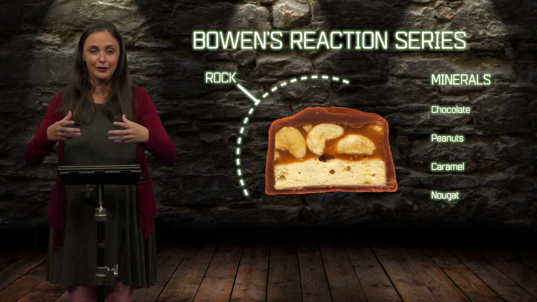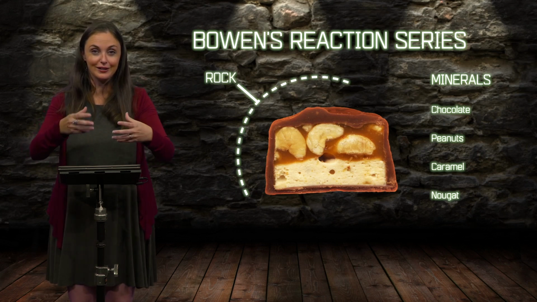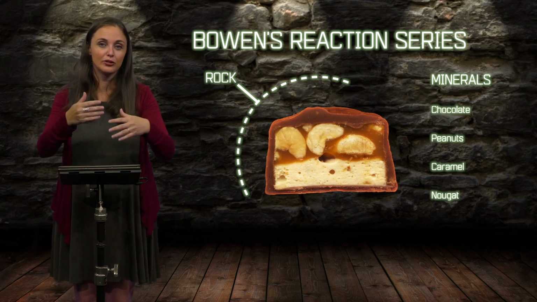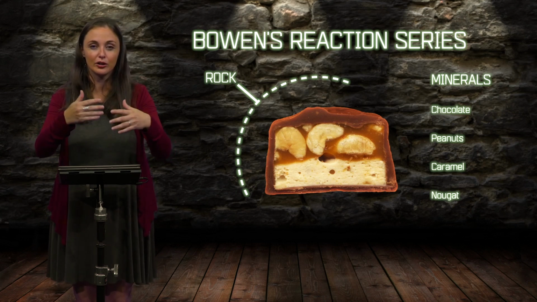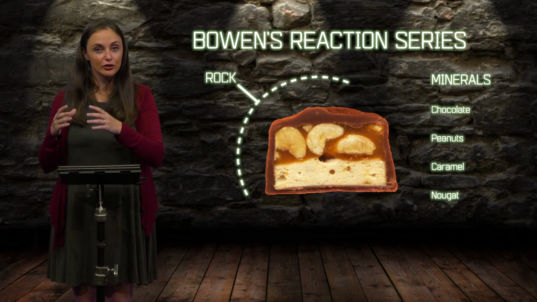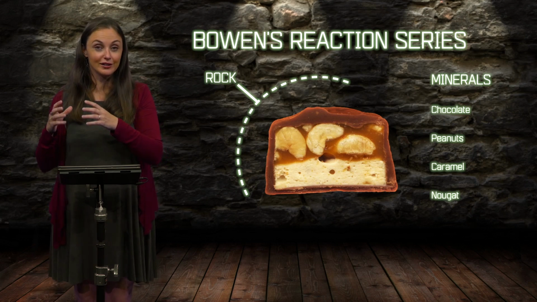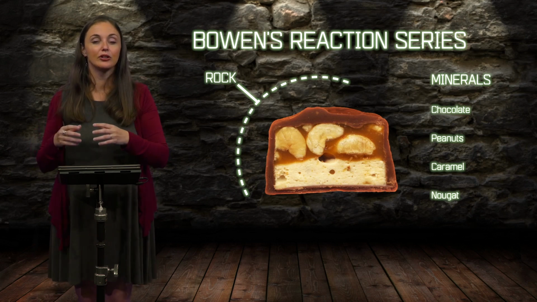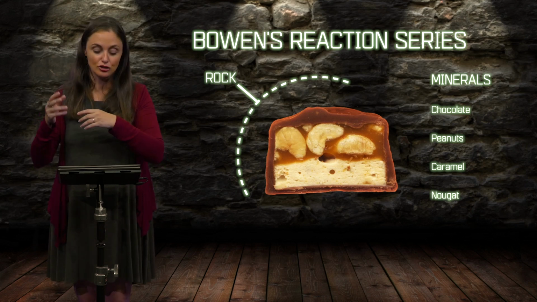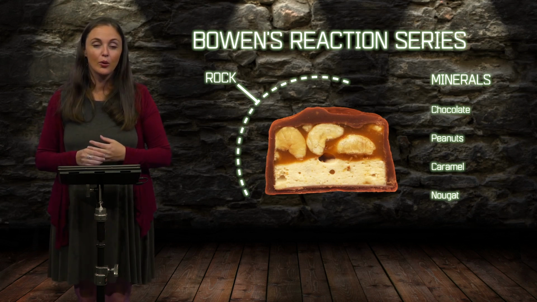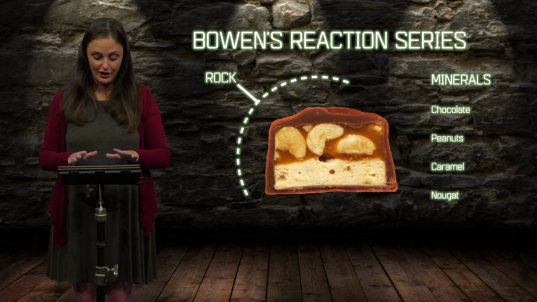While the rock might be something like a granite, and that granite might be composed of plagioclase, feldspar, quartz, biotite, the Snickers bar is going to act as our rock in this analogy, and the components are going to be things like caramel and nougat and chocolate. So that's the beginning of our analogy here.